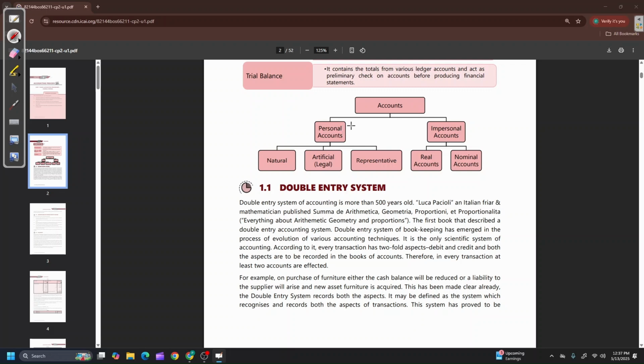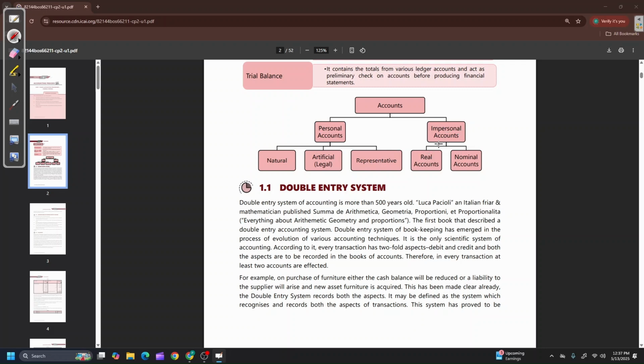So in personal, just understand that whenever it's talking about a human or a separate legal entity, a body, kind of human, I mean company, NGOs, you, me, bank, these are all personal accounts.